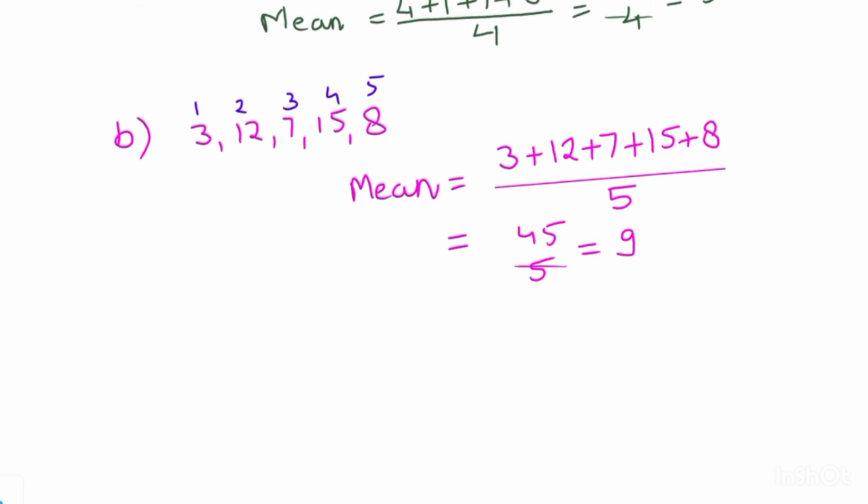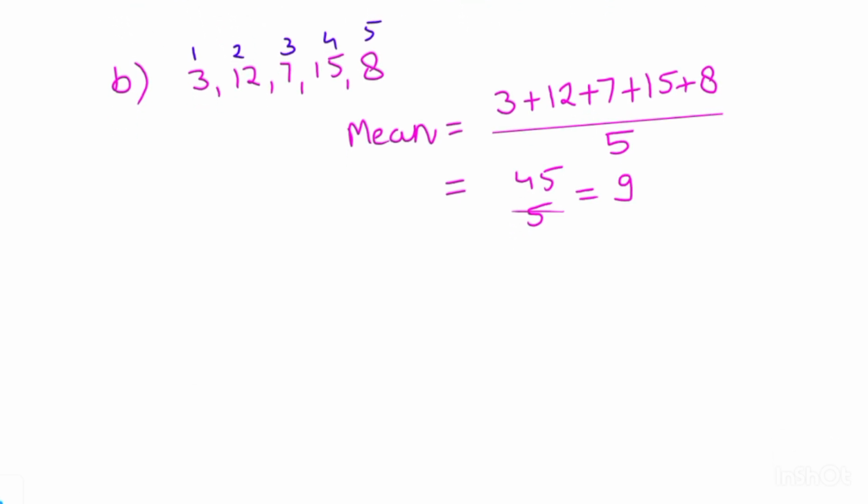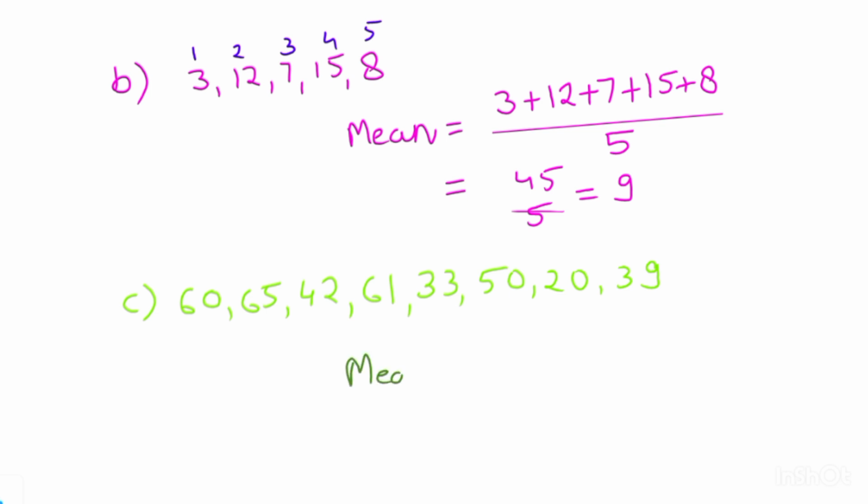Now let's take another question. The data set given is 60, 65, 42, 61, 33, 50, 20 and 39. We have to find out the mean. So mean will be the sum of all numbers.